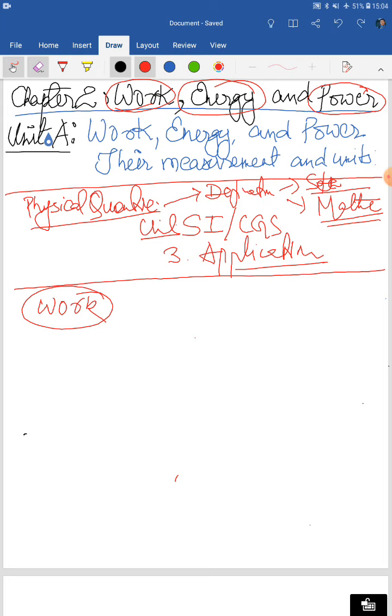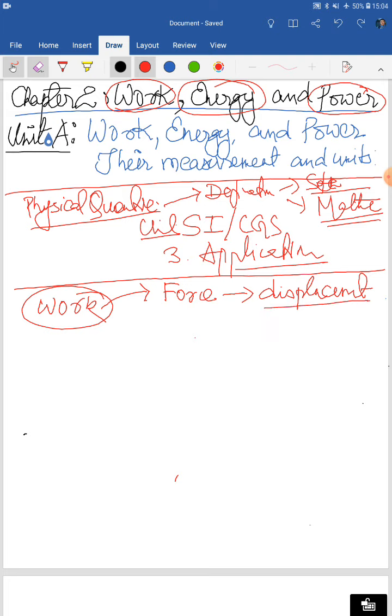But in physics, work is not understood in that concept. Concept of work in physics is in a different form. In physics, work is done only when there is a force acting on an object which produces some displacement on the object.